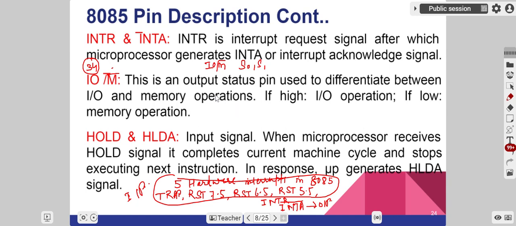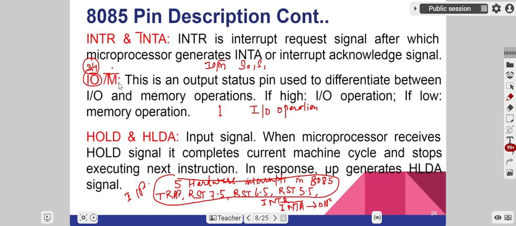If we separately discuss input output slash memory bar, whenever there is one at this pin number 34, it means that an input output operation has been invoked. The microprocessor is performing an operation on some input output device.